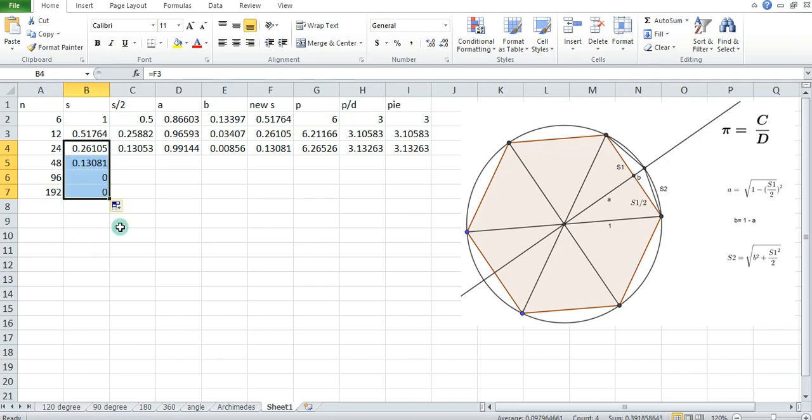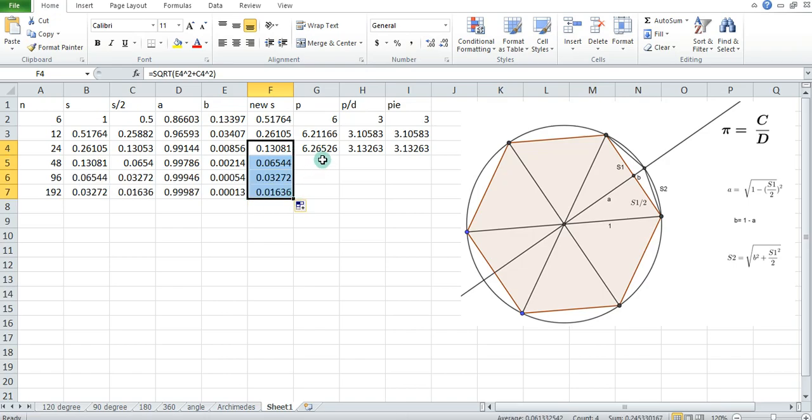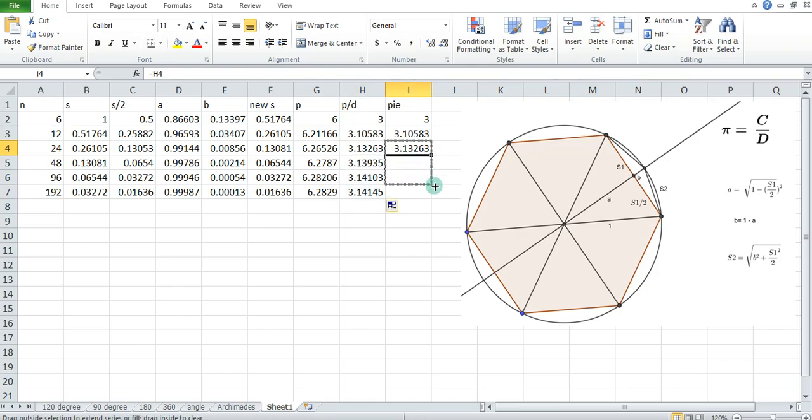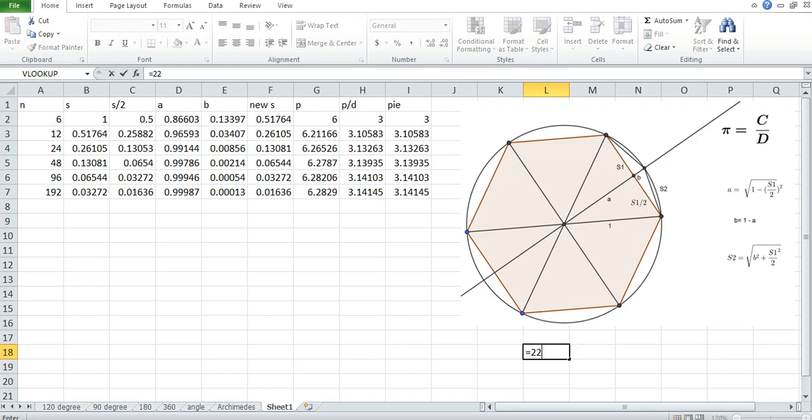So in 192 sides polygon it's already approached the pi value, which is 3.141, which we commonly use as 22/7. 22/7 is equal to 3.142.